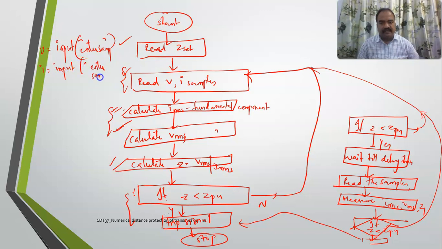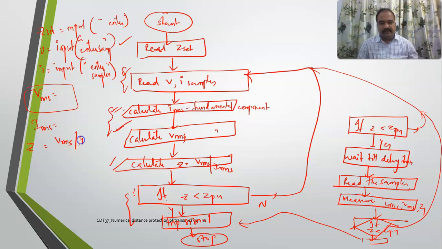If it is just like an array, then you are supposed to use a for loop, right? And Z setting input. So these are the things which you will be taking from the user: enter impedance setting. Once you do, you will calculate VRMS. How? There is a procedure, and we can employ any of these. Next, we will be calculating IRMS. Next, we will be calculating Z, how?